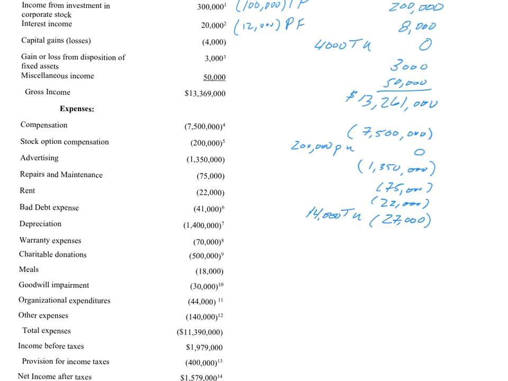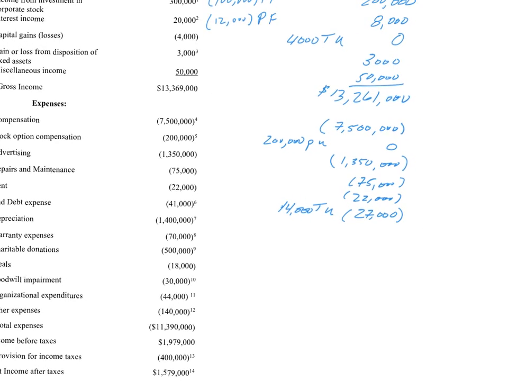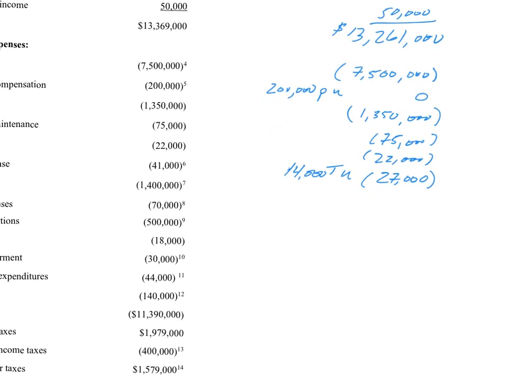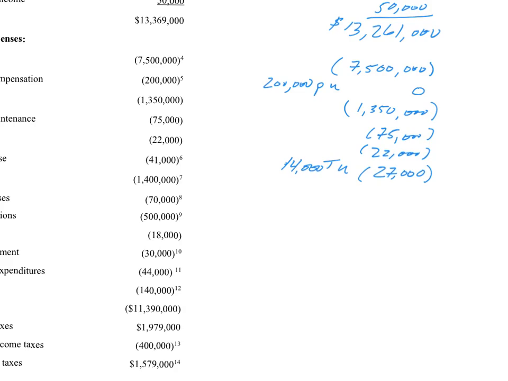Okay, now we're on to depreciation. Depreciation is one of the most common sources of book to tax differences, no more, no less. So what do we need to do? Well, I would do the same thing that I did for my bad debt expense. I would come over here. We know what our deduction for depreciation is allowed to be.